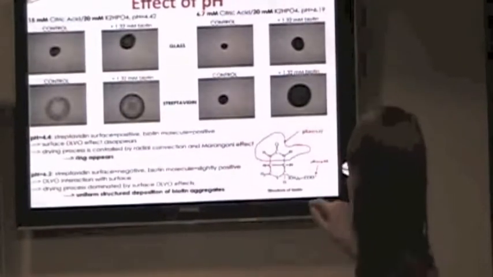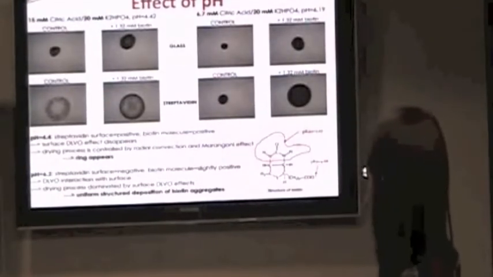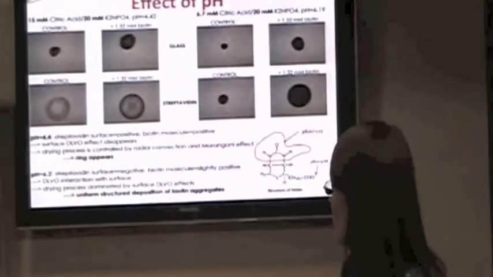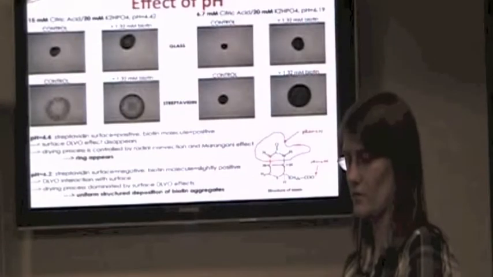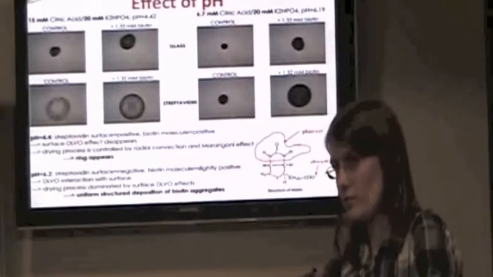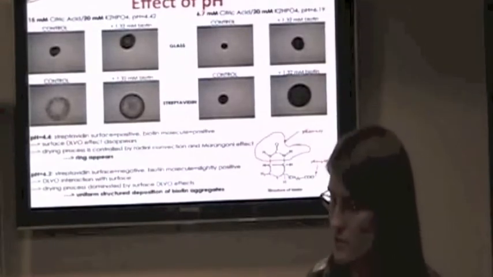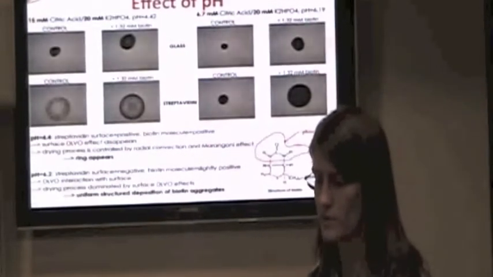In that case, the biotin molecule is going to be positive due to the pKa of 4.66 for the COOH portion of it. When you have the two positives, they're going to repulse each other, so you're going to get more of the ring structure. You have mainly the ring structure, but because of the high affinity the biotin has to the streptavidin, you're going to get those little deposits in there.